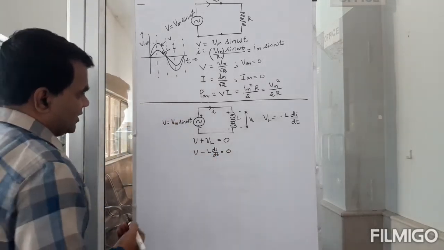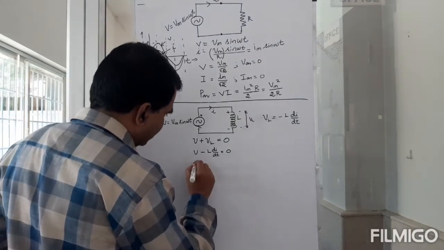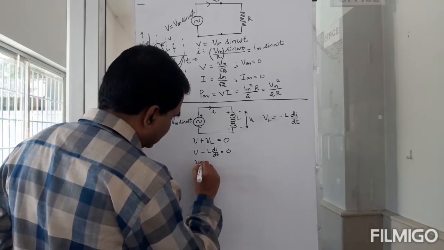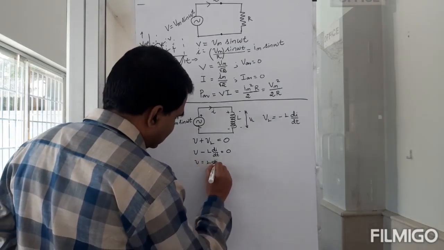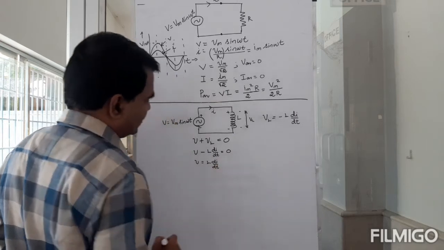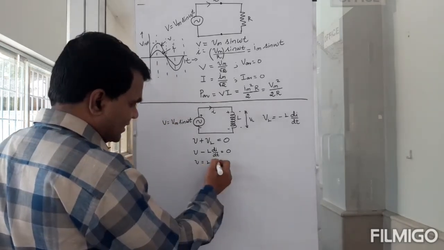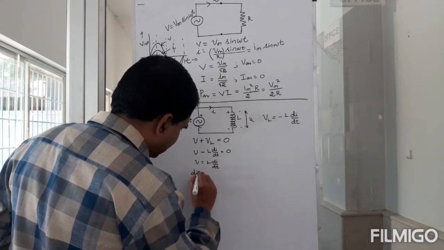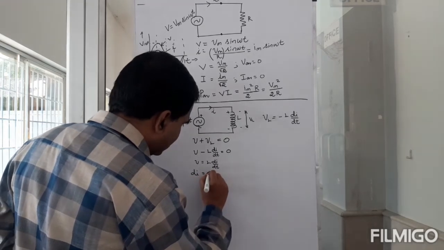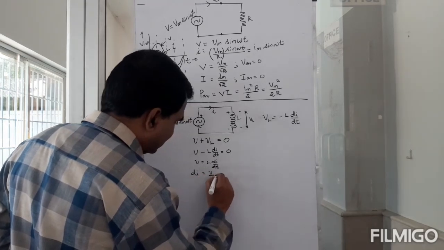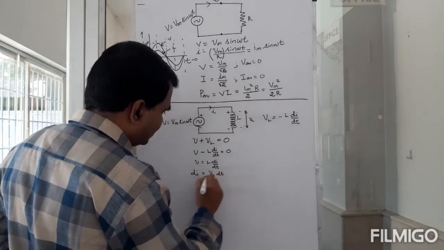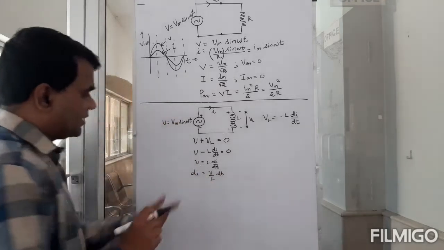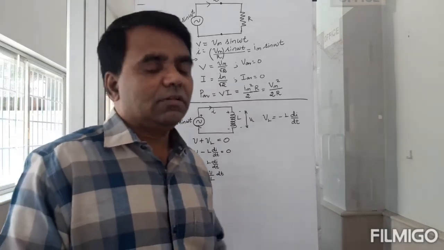And what is this going to give me? This is going to give me V is equal to L di by dt. So I just take di alone, the change in current. So di is equal to V by L times dt. Okay? So the change in current is this, delta I.